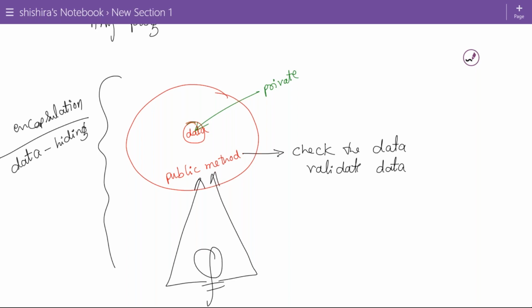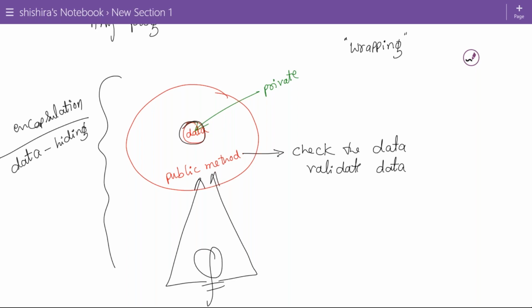So, what is the fundamental definition of encapsulation? Encapsulation is a mechanism or concept of binding or wrapping the data members with its related methods.